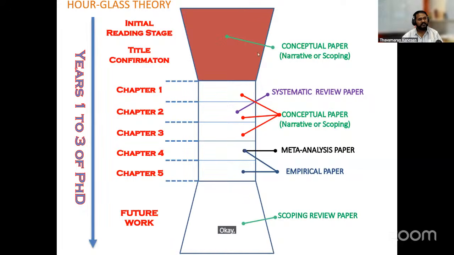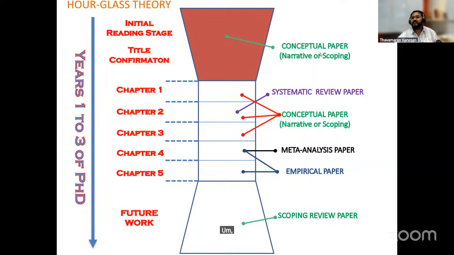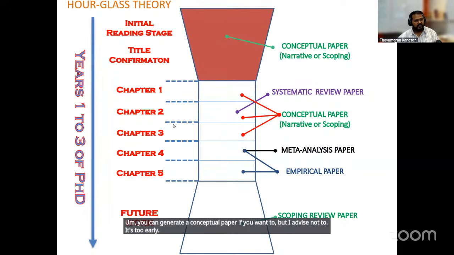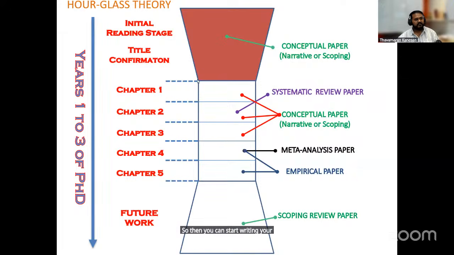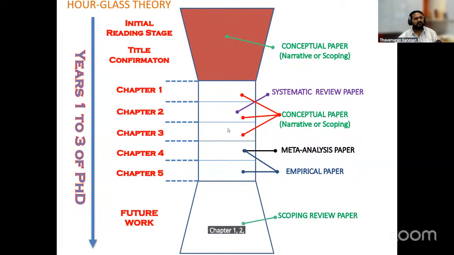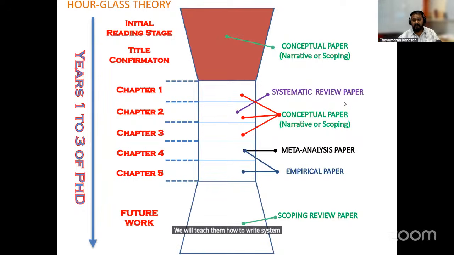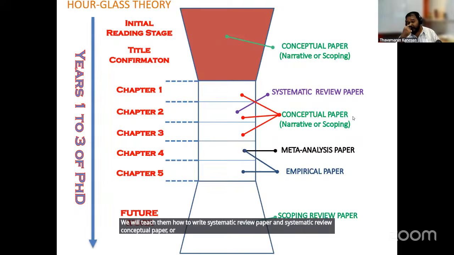Okay, in this process, when you read very broadly and then narrow down, you can generate a conceptual paper if you want to, but I advise not to. It's too early. So then you can start writing your chapters 1 to 3 because the topic is already confirmed. From the chapter 1 to 3 proposal, normally for all our clients, after we finish coaching, we will teach them how to write a systematic review paper and a systematic conceptual review or integrative review paper.